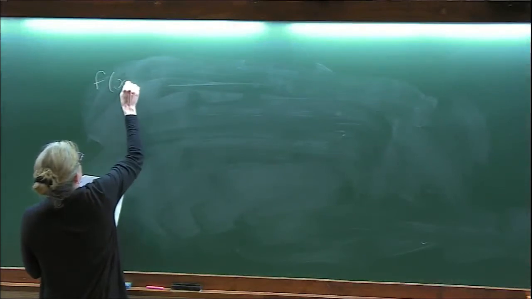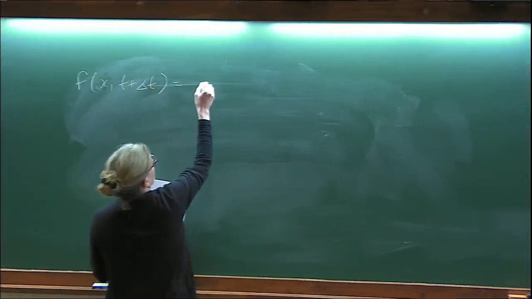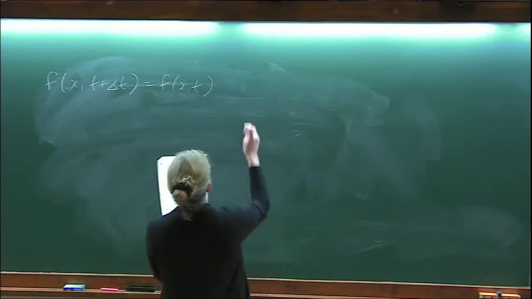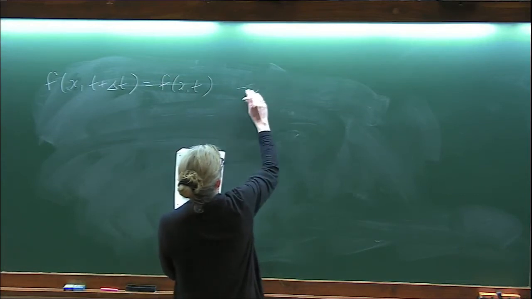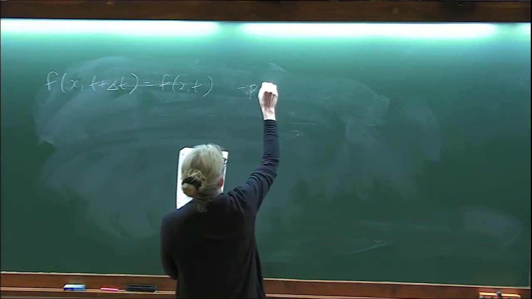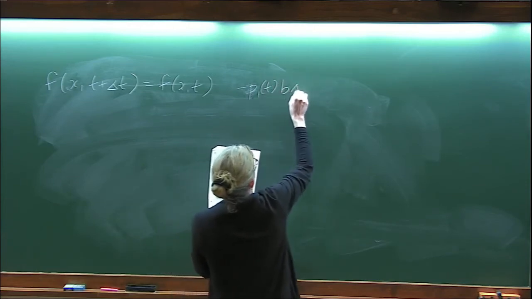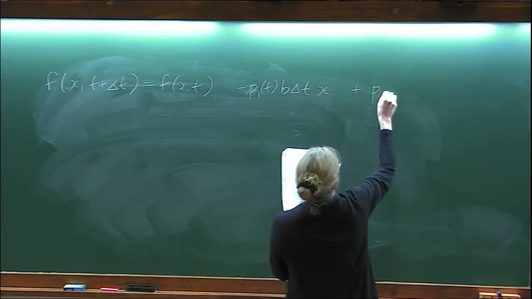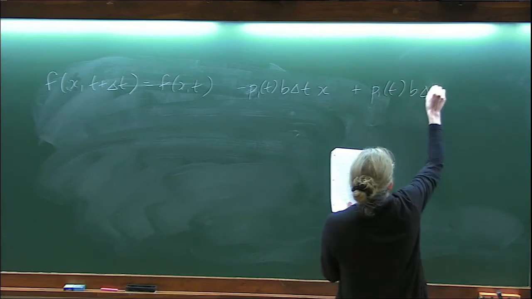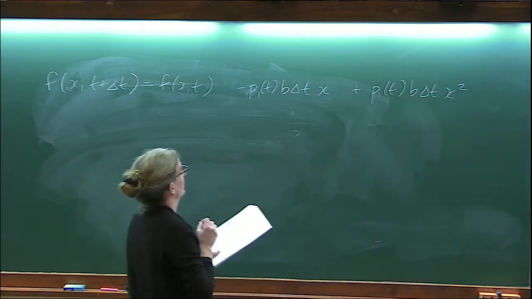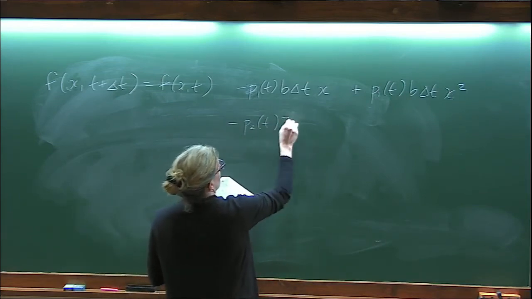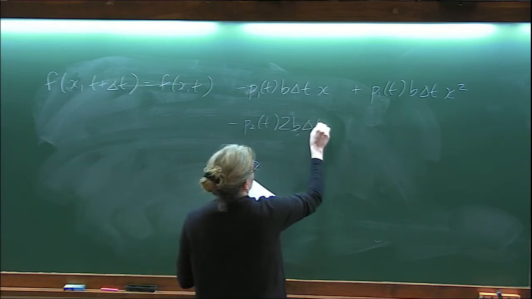So we have f of x, t plus delta t equals f of x, t, and then I take p1 times b delta t, subtract it from the coefficient of x, add it to the coefficient of x squared, and then take P2, then our birth rate is 2b delta t.